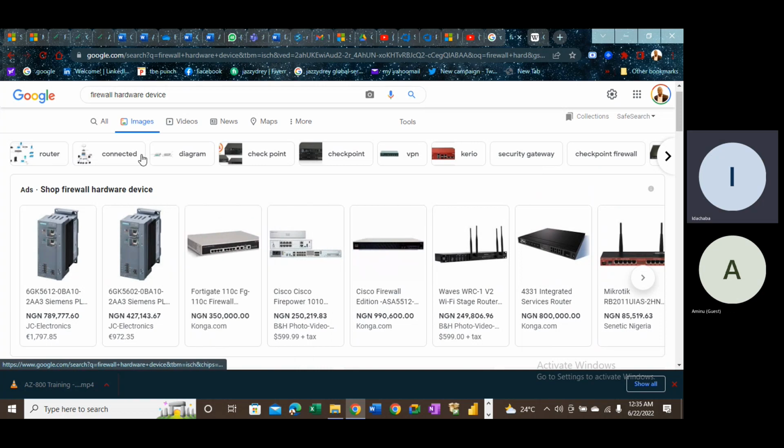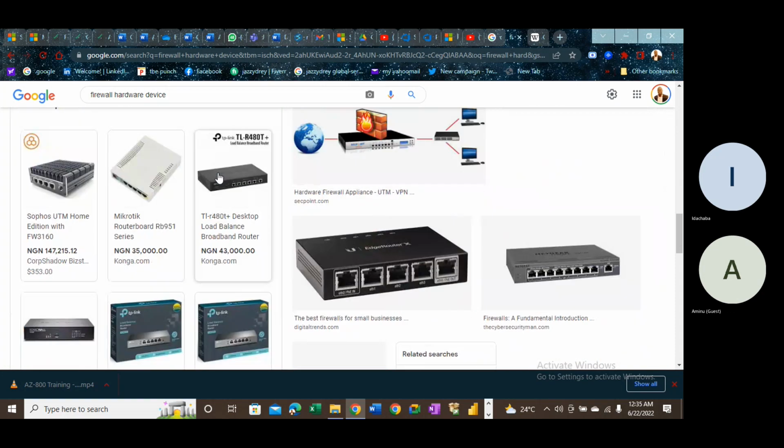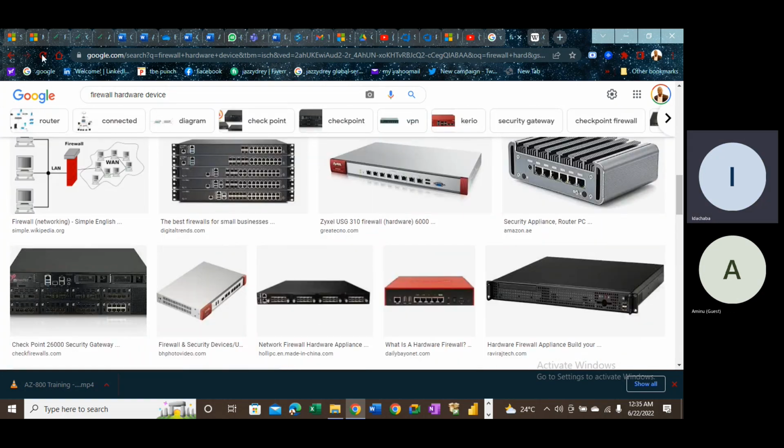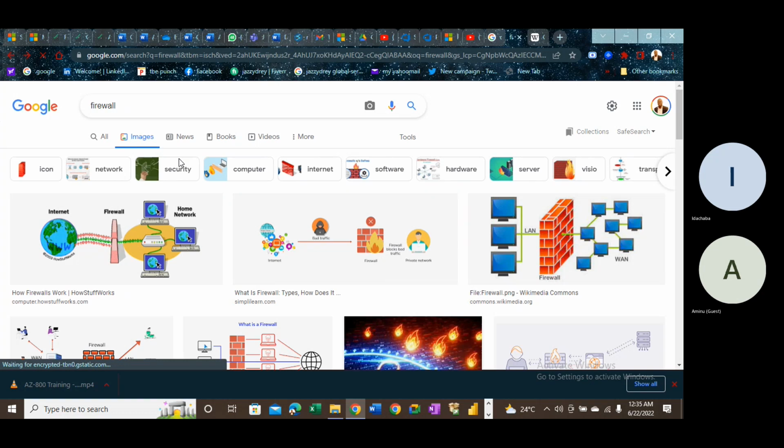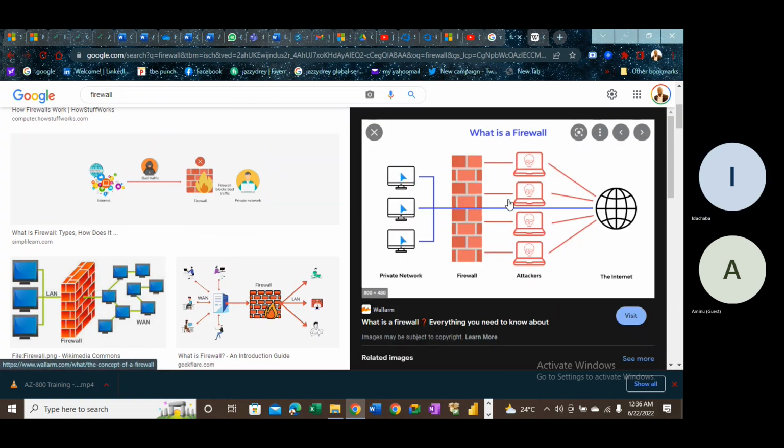So what does it do? Let's look at this information. What does a firewall do? You have a private network, your organization, your company.